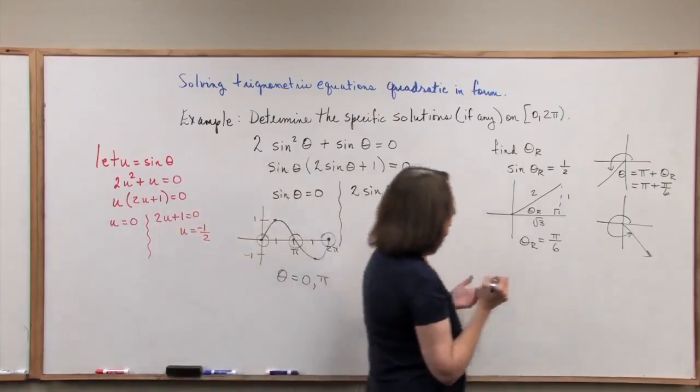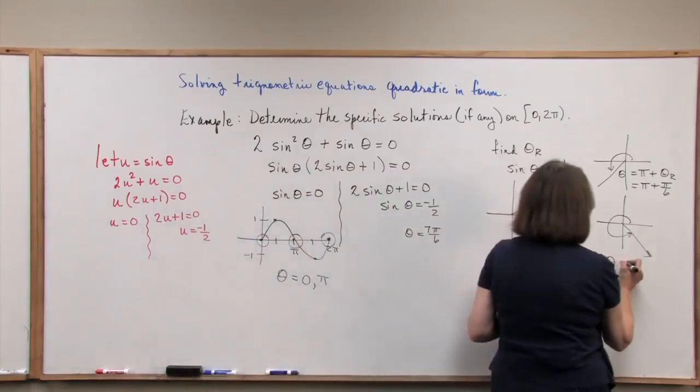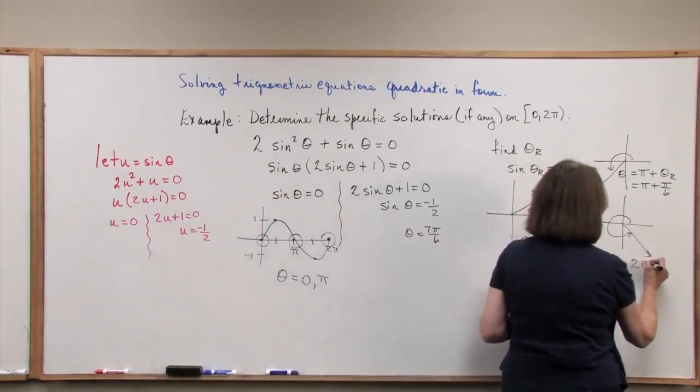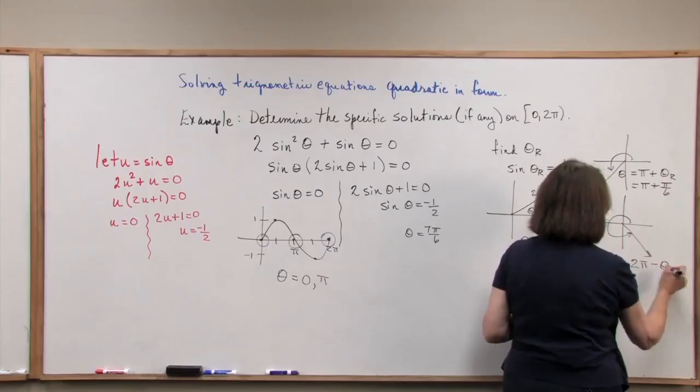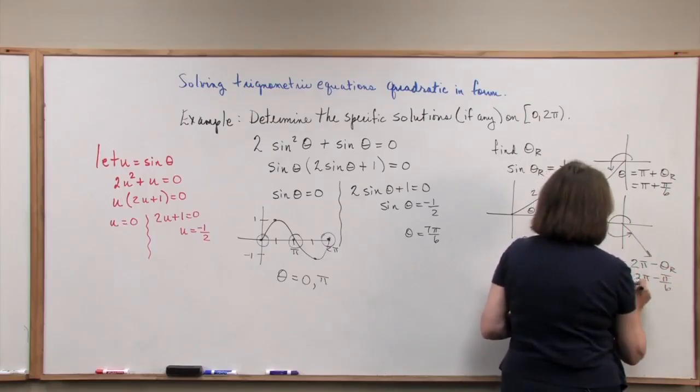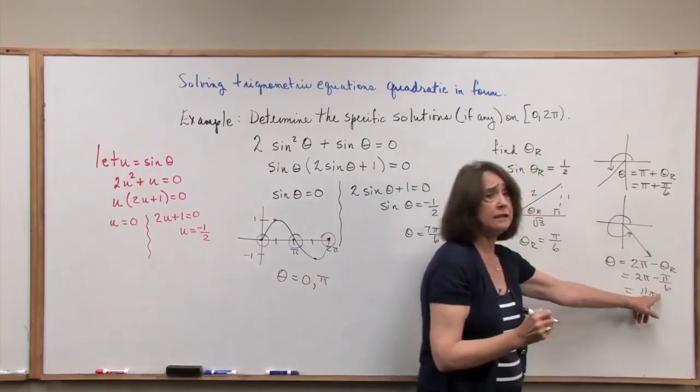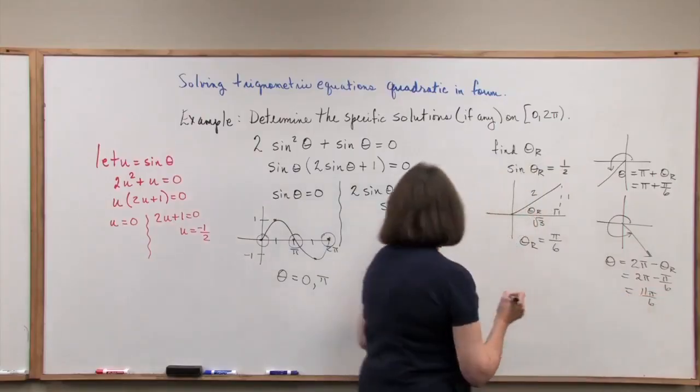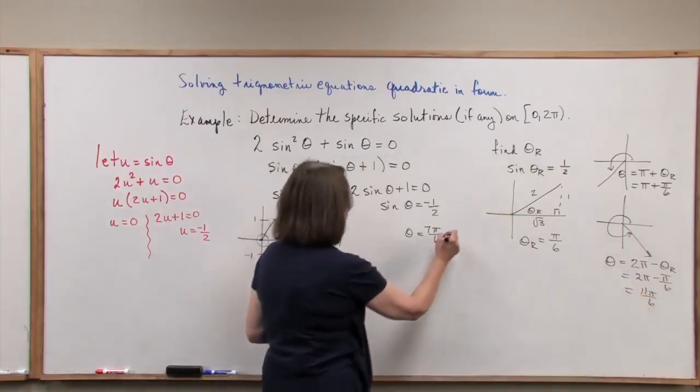And then in the fourth quadrant, an answer for theta will be 2 pi minus the reference angle, which is 2 pi minus pi over 6, 11 pi over 6.